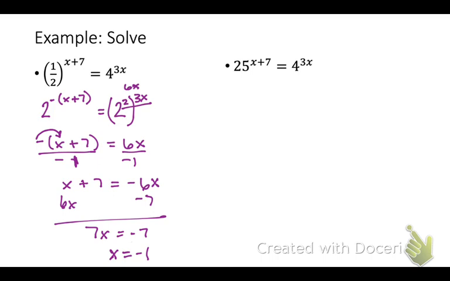Okay. What about this one? Well, 25 is 5 squared, right? And 4 is 2 squared. So we can't get the same bases.